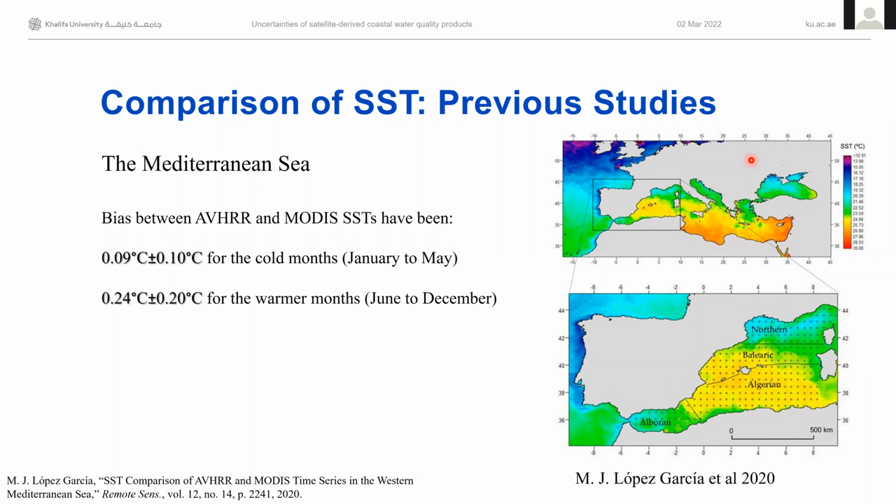They found that the bias during the cold months was around 0.09 degrees centigrade with a standard deviation of 0.1. However, the bias increased to 0.24 during the warmer months, which is during the summer season, with a standard deviation of 0.2.